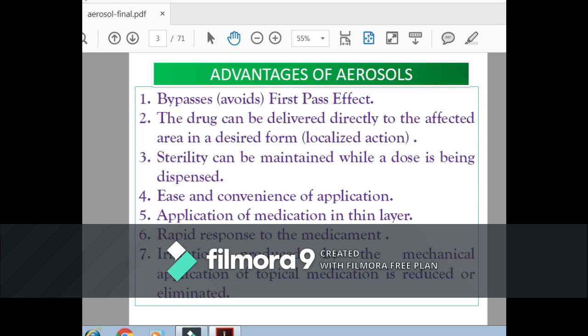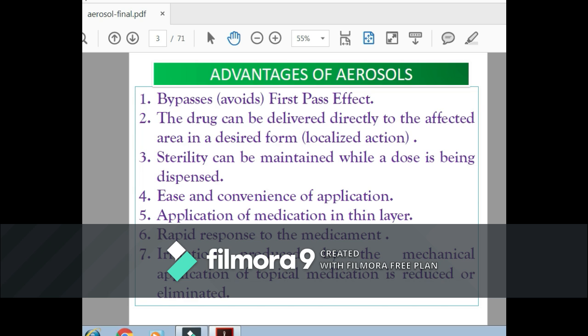First pass effect means when your drug is taken through the oral cavity and then reaches the stomach, at the stomach your drug will get metabolized. Some part of the drug will get wasted. Due to the metabolism, that drug will not be useful. So only the unmetabolized drug will be effective.